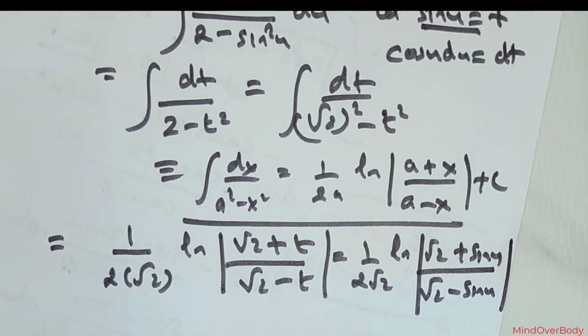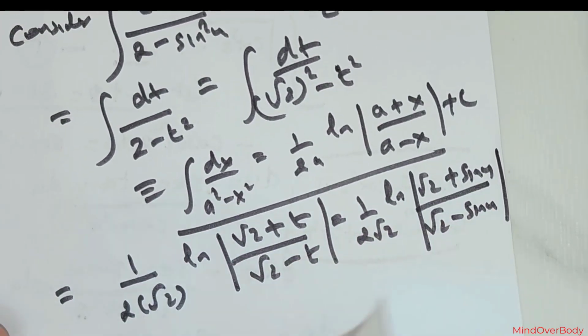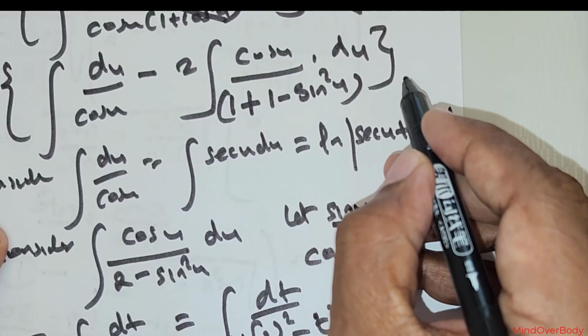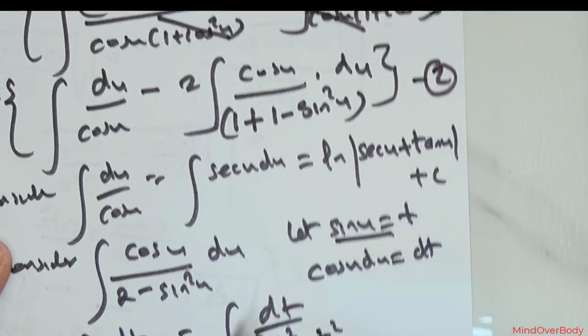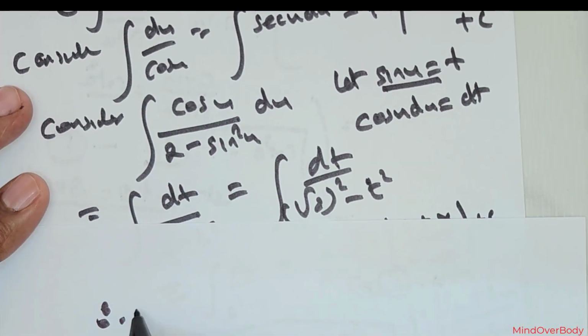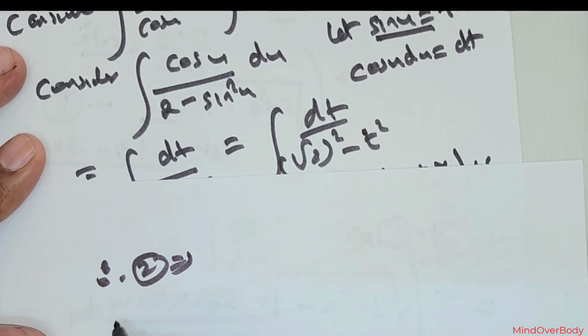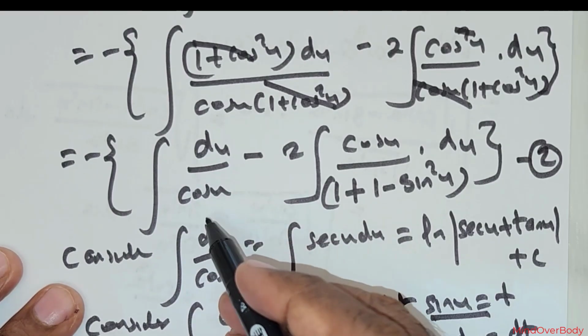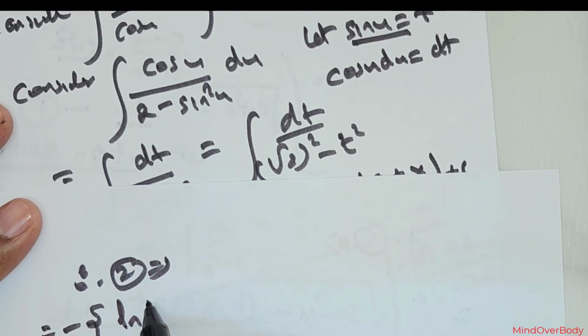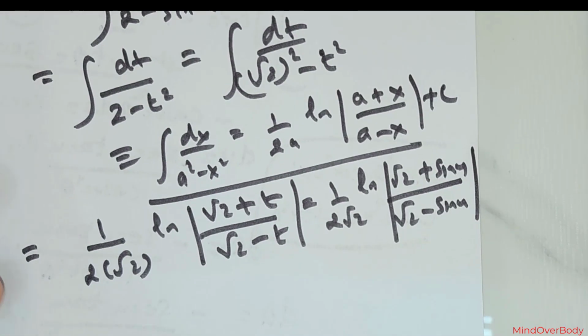So now what we have to do is fuse them. If we were to take this as, say, I2, therefore I2 can be rewritten as: in place of the integral of du over cos u, I am going to write ln|sec u + tan u| minus 2 times.